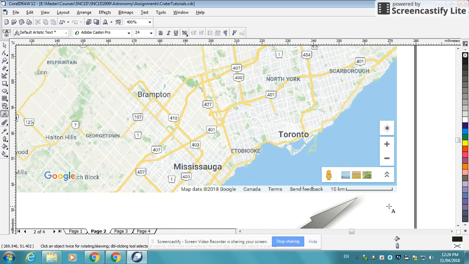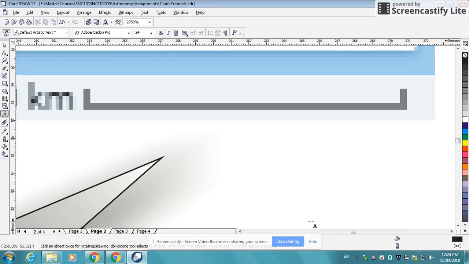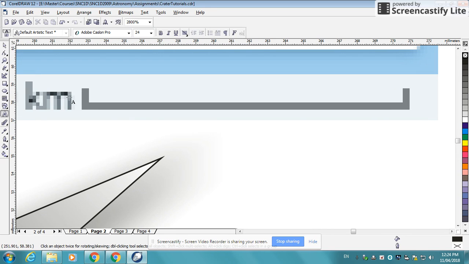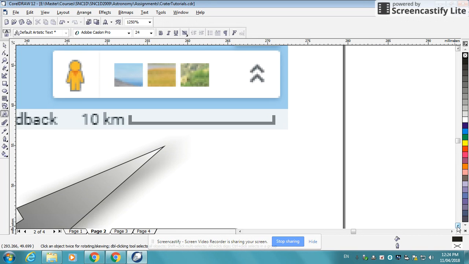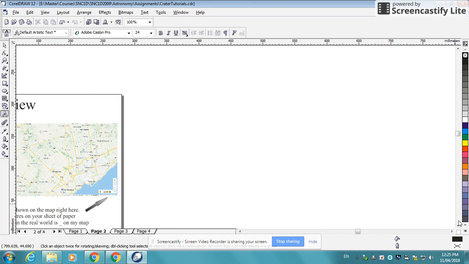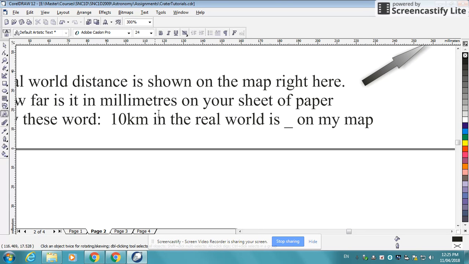Each map comes with a scale, and so does CorelDRAW at the top of my page. So when I look at this map scale that represents 10 kilometers, I can see that it takes 18 millimeters on my actual paper. I've done this before, so I happen to know that that measurement is exactly 18 millimeters on your sheet of paper.